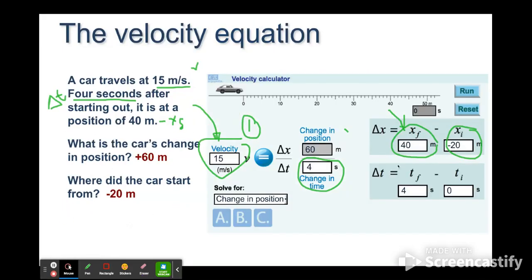And once we find the change in position, then we're able to take this value and take it into our total change in position, 60 meters, and we know our x sub f, so then we're able to calculate that negative 20 meters. And then we know that the car started from negative 20 meters.